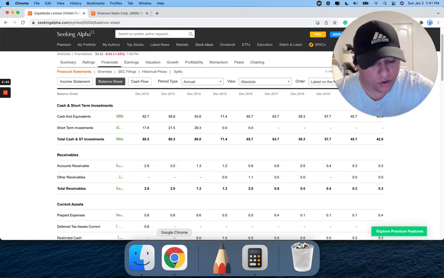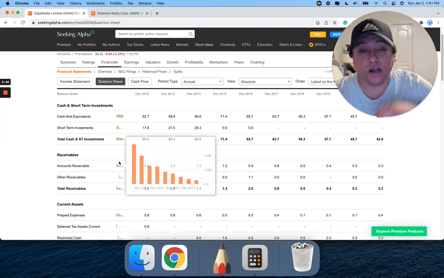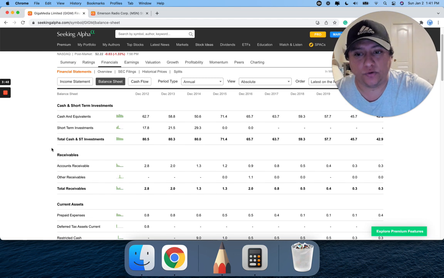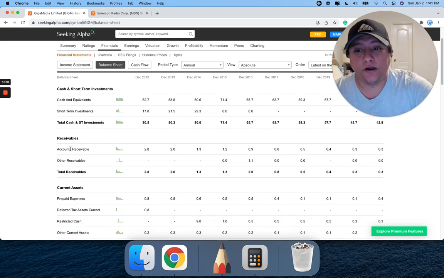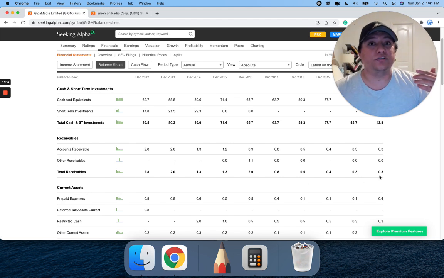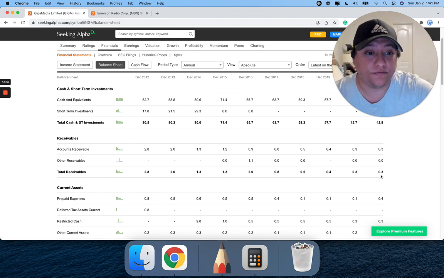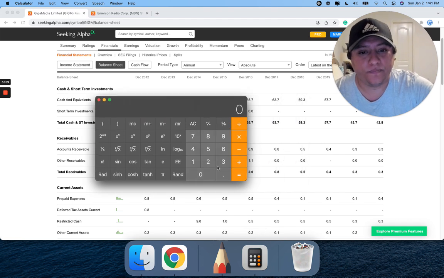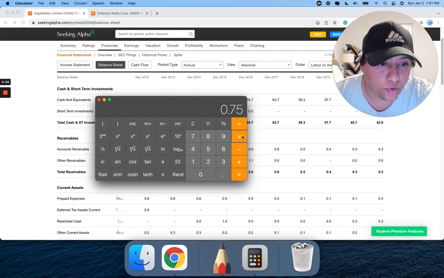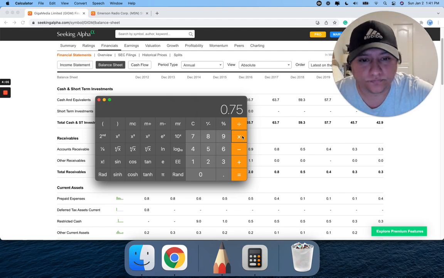Now we're going to add account receivables, but we're going to discount that. If we scroll here, receivables, account receivables, other receivables, total receivables, we're going to do 75 percent of that. Remember the formula: that is 0.75 times 300,000.